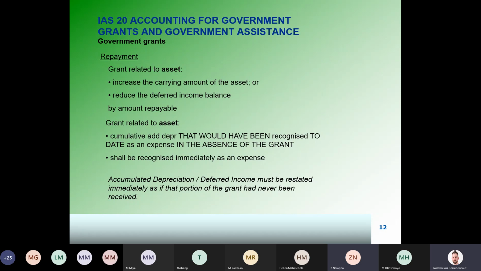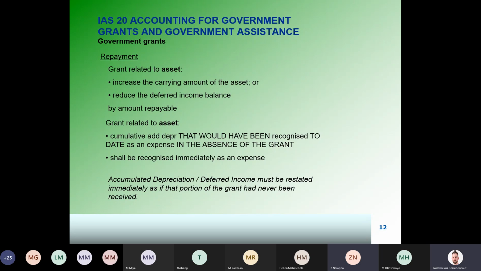And each year we would show deferred grant income transferred to other income in the income statement. If that is the case, then we must first see, if we have to repay, what's the balance on the deferred grant income account? And we clear that. And then the amount remaining will go again to the income statement. That's the easiest one, because we have to repay the grant.